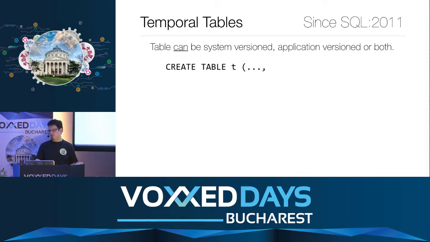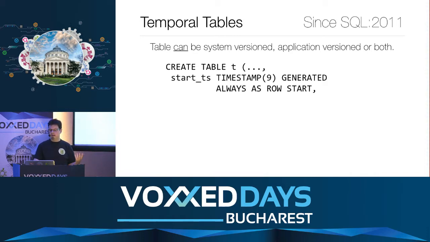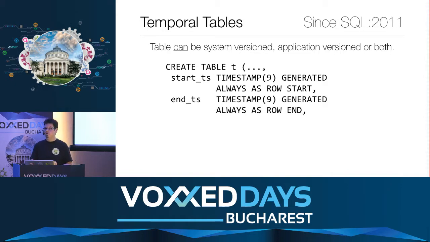And this is how it works. It's declarative. So at the time you're creating the table, you can of course also alter it afterwards, you're basically adding two special columns, but you have to add them on your own. You have to give it one column which marks the timestamp when the row was inserted, and another one which marks the timestamp when the validity of the row was gone, when it's ended.